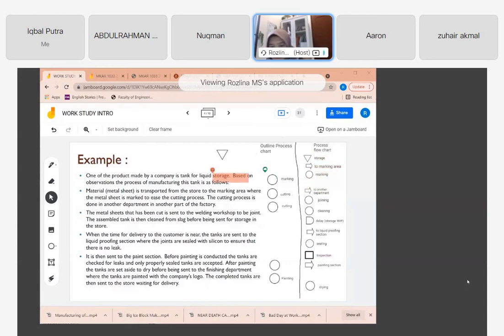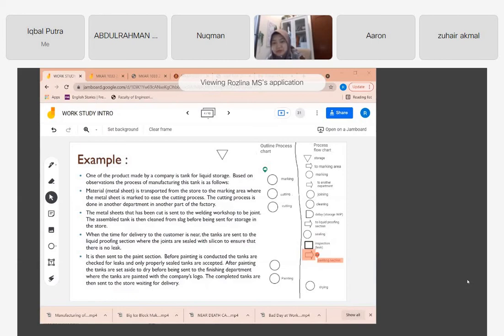Inspection for leaks. Inspection. Then you have painting.